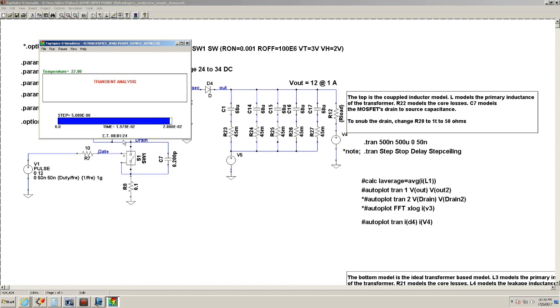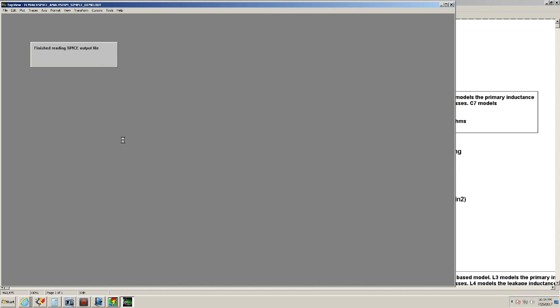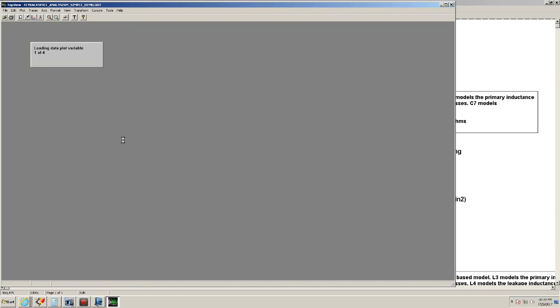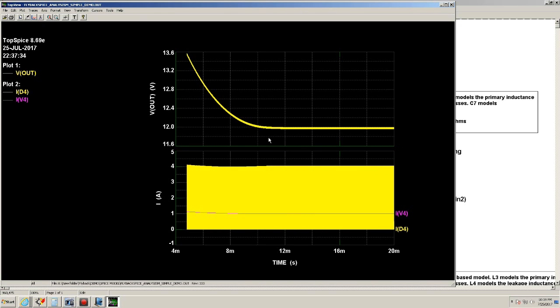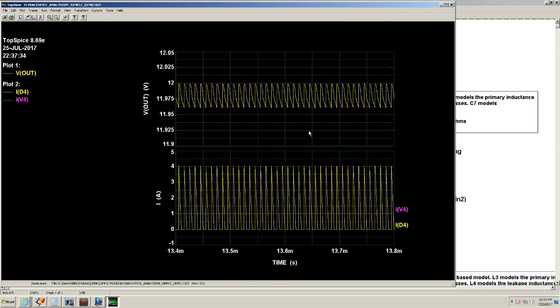It's almost there. Okay, you notice it reached steady state. So we'll zoom here and see what we get.